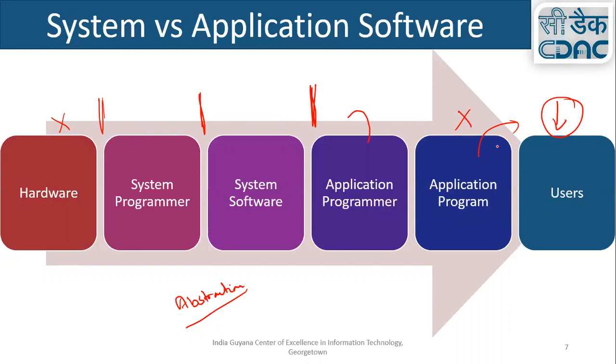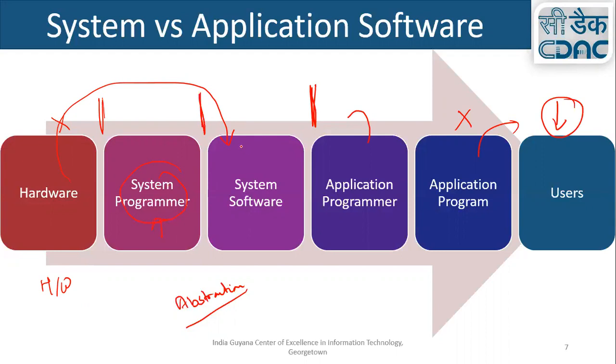So the conclusion of the whole talk is this: the layer below provides some service to the layer on top. What is the lowest layer? That is your hardware. Hardware provides some services to the system software, and these services are used by the system programmer.